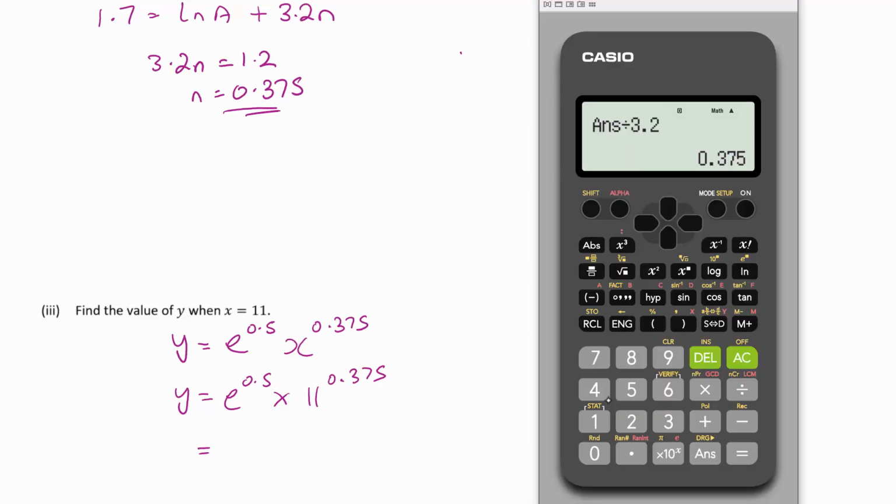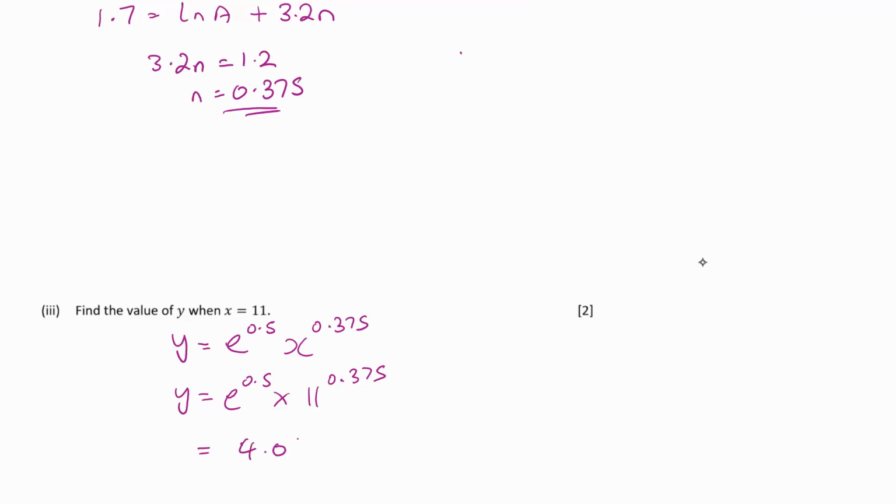So that's e to the 0.5 multiplied by 11 to the power 0.375, giving us 4.05, correct to 2 decimal places.